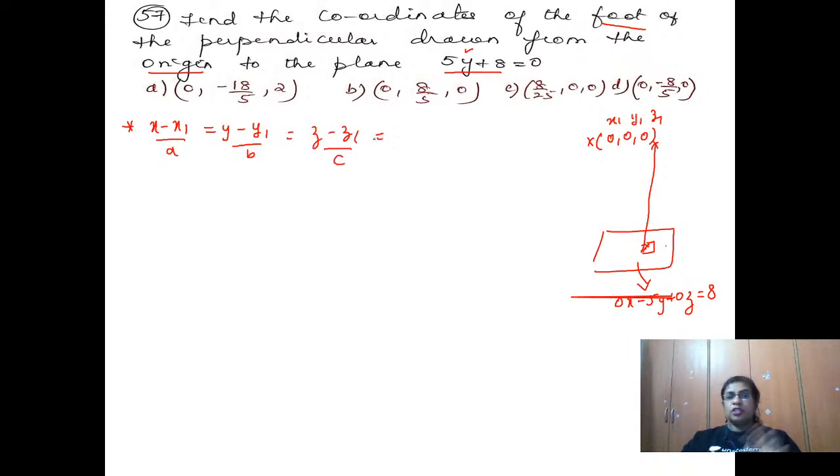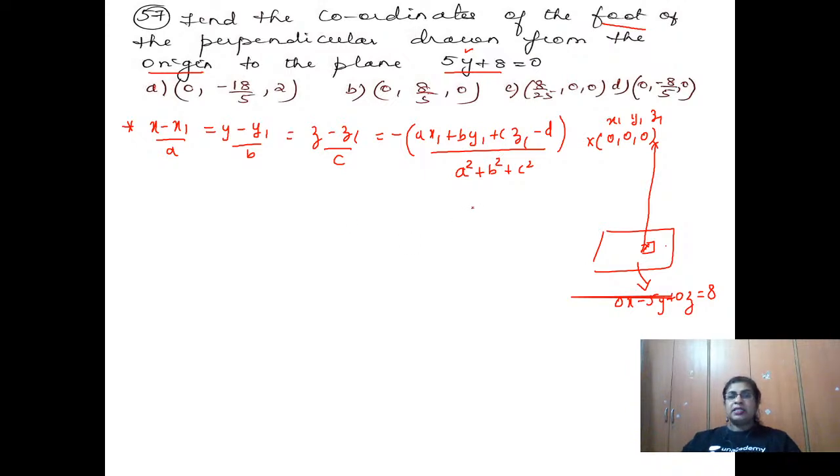That is equal to minus, substituting the point in the plane equation ax plus by plus cz is equal to d, (ax1 plus by1 plus cz1 minus d), whole divided by a square plus b square plus c square. If you use this formula, you get the answer directly and easily.